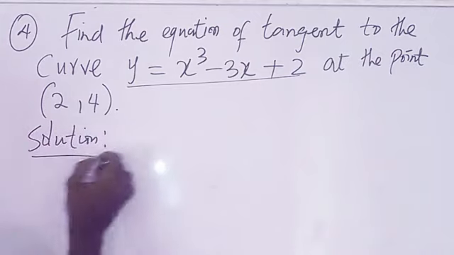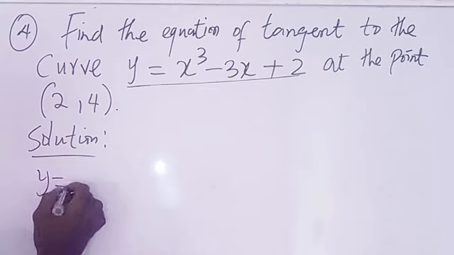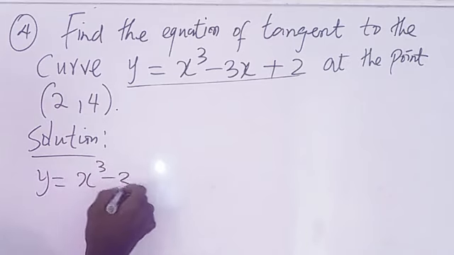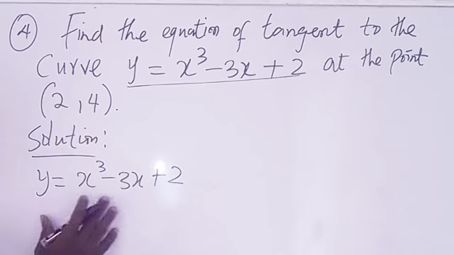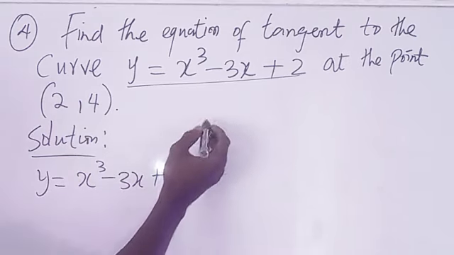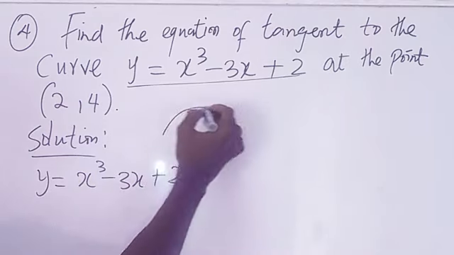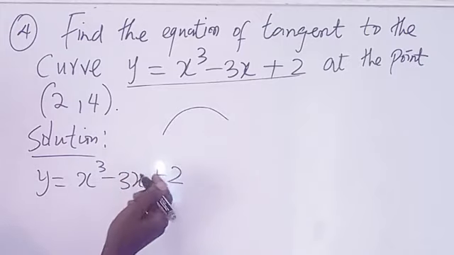We have the solution. We are given y equals x to the power of 3 minus 3x plus 2. This is the curve given to us. How are we going to find the equation of tangent to this curve? The equation of tangent is a straight line. For example, let's say we have a curve something like this.